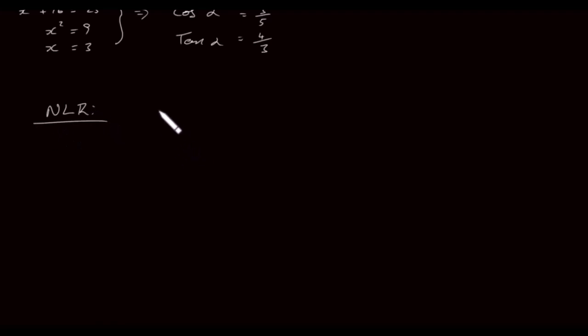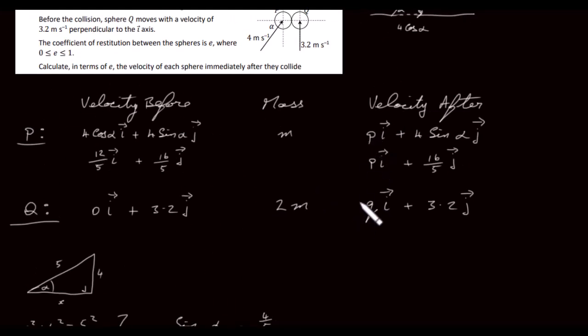So it's going to be minus e is equal to v1 minus v2 over u1 minus u2. So in our case then, afterwards it's just going to be p minus q, the velocity afterwards. So it's just going to be these two here, p minus q. And then beforehand it's going to be this minus this, 12/5 minus 0. Now since I have a decimal here, maybe I'll just change this to a decimal as well.